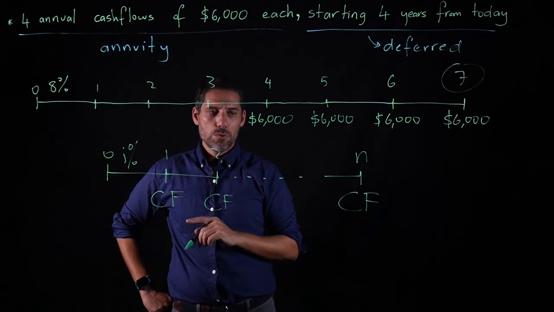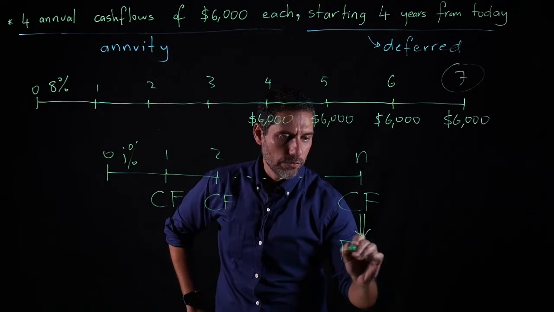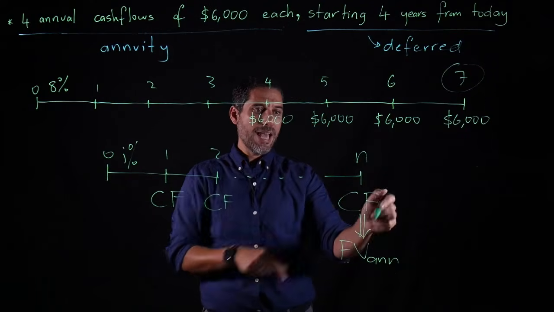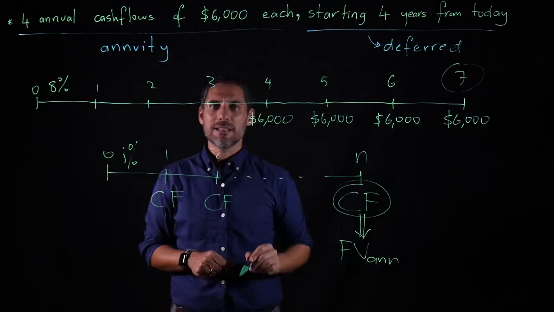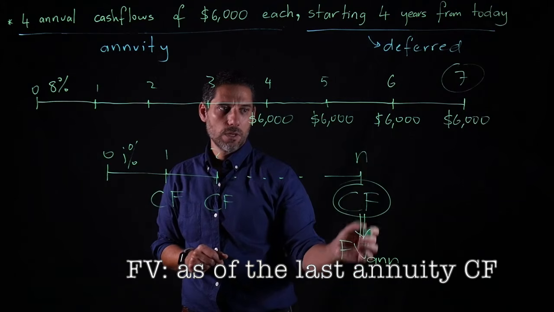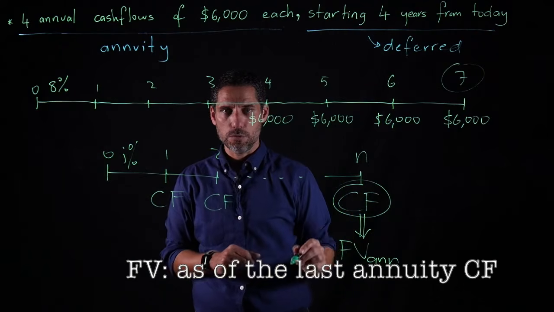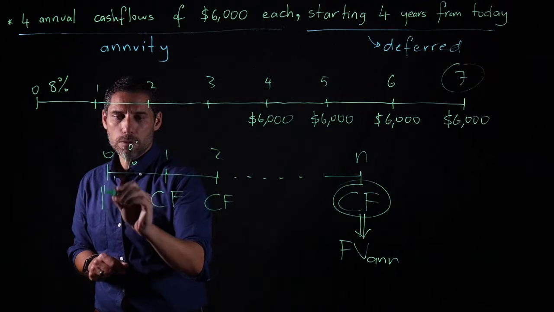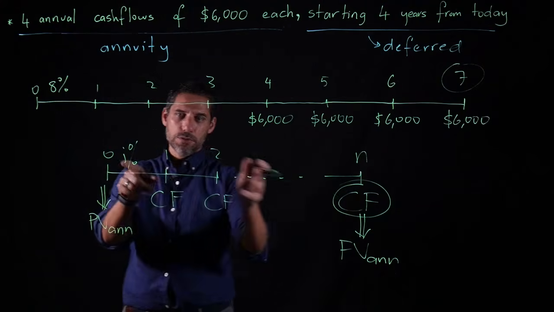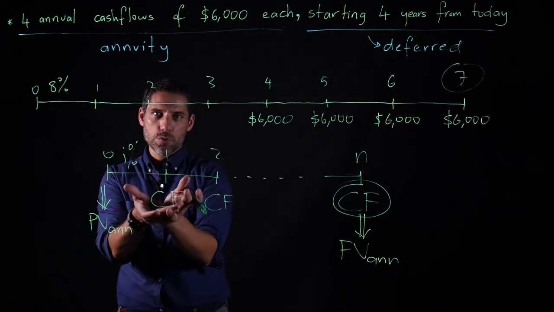And our future value of annuity formula is derived to give us the future value of these cash flows, so they are earning compound interest, as of exactly the last cash flow. Okay, that's what our future value of annuity formula is derived for. So that's what it gives. Not one period before, not one period after, exactly when the last cash flow is. And our present value of annuity formula is derived to give us the discounted value at I, this is our discount rate, the discounted value of these future cash flows.